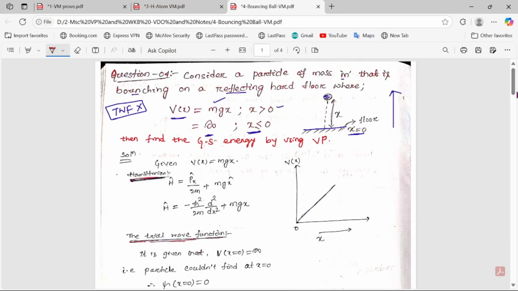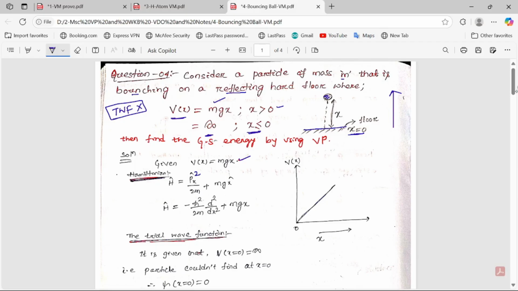What will the Hamiltonian be? Here, the potential is mgx, right? And the kinetic energy is px square by 2m.